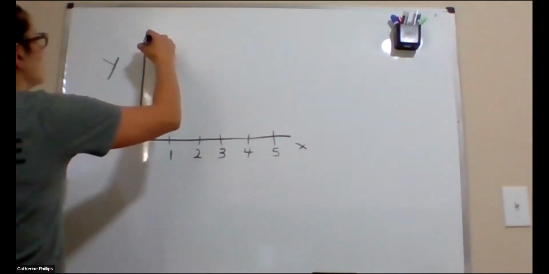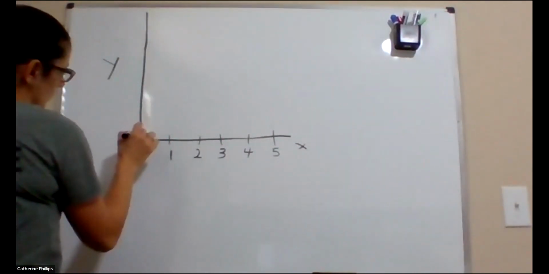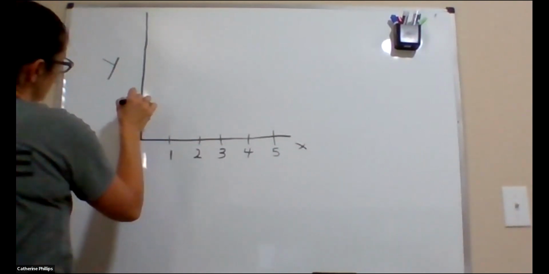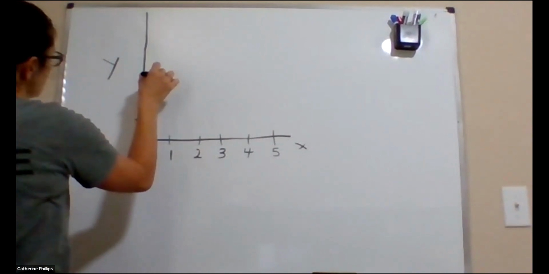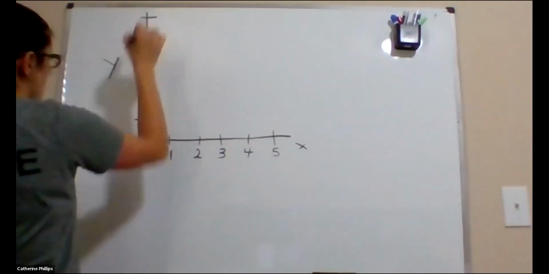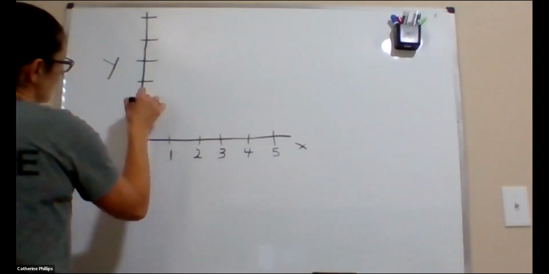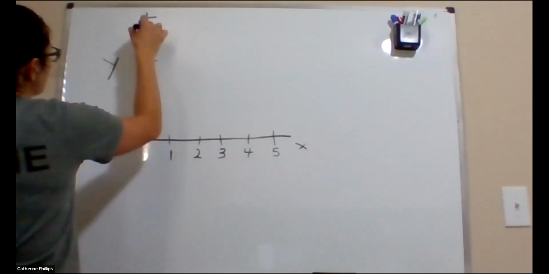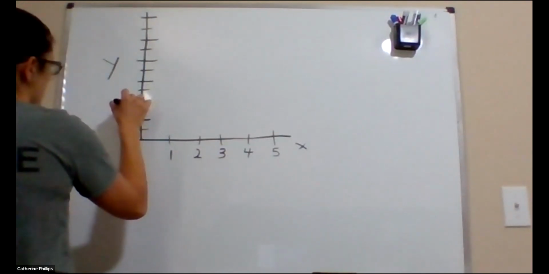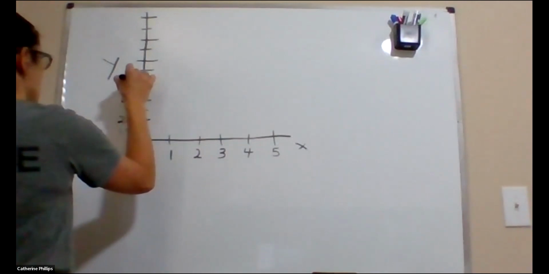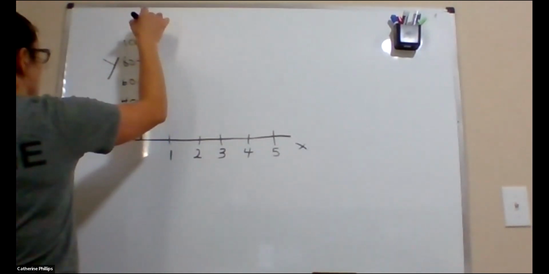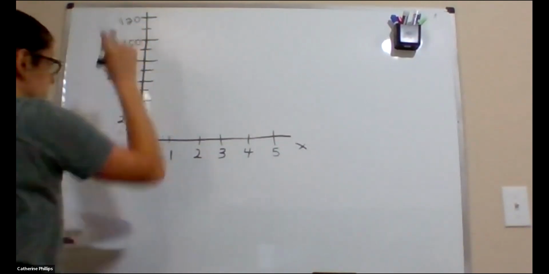So let's go up by tens. We'll go 10, 20, 30, 40, 50, 60, 70, 80, 90, 100, 110, 120, and then split those in half.